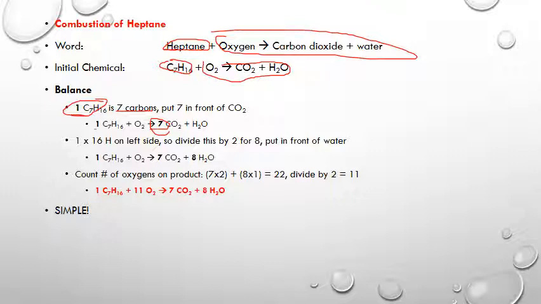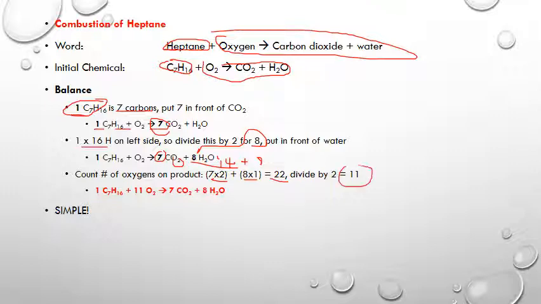So now I figure out how many hydrogens. I have 1 times 16, which is 16, divide 16 by 2, which is 8. Put that in front of the water. Now, how many oxygens do you have? 7 times 2 is 14. 8 times 1 is 8. 14 plus 8 equals 22.